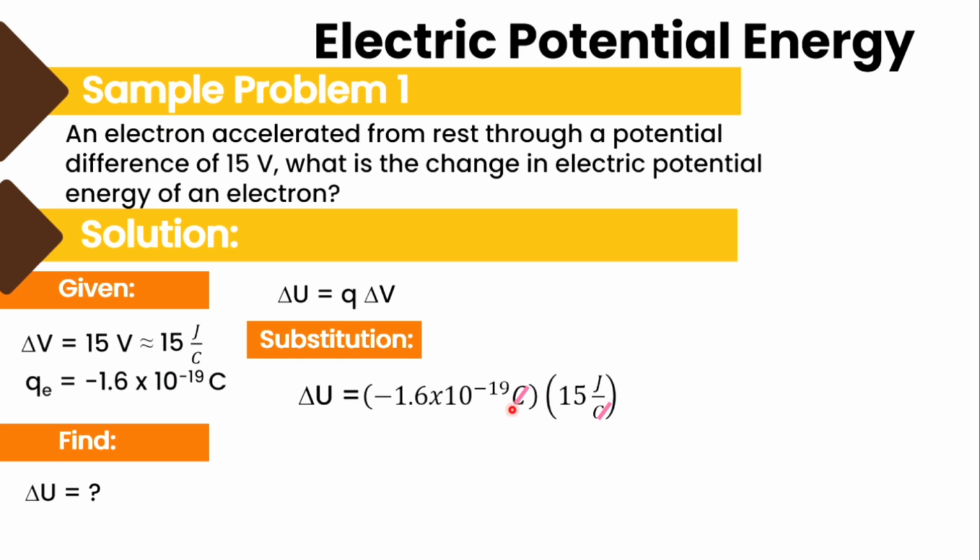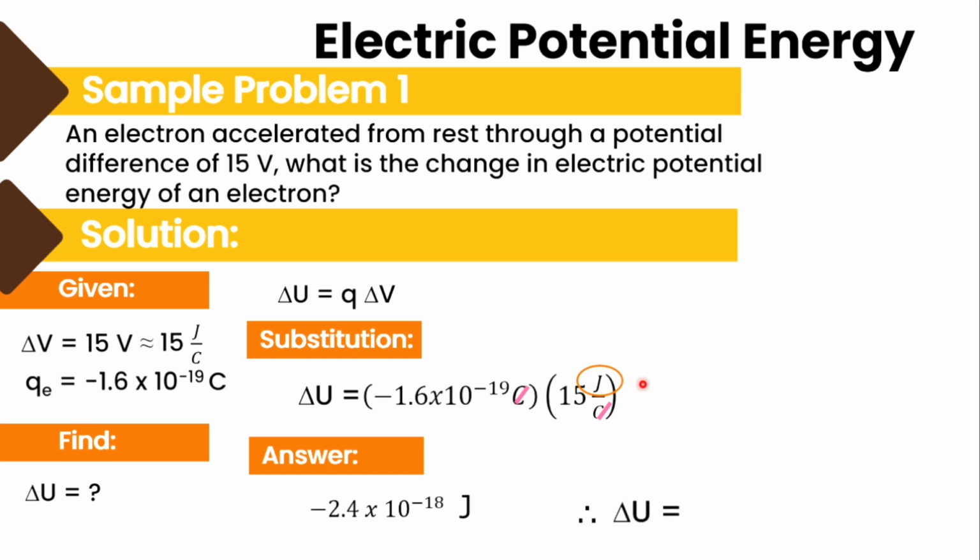So the C on top and the C below cancel. What remains is joules. So negative 1.6 times 10 raised to negative 19 times 15 would give us negative 2.4 times 10 raised to negative 18. And the unit would be joules. So therefore, the change in electric potential energy of an electron is equal to negative 2.4 times 10 raised to negative 18 joules.